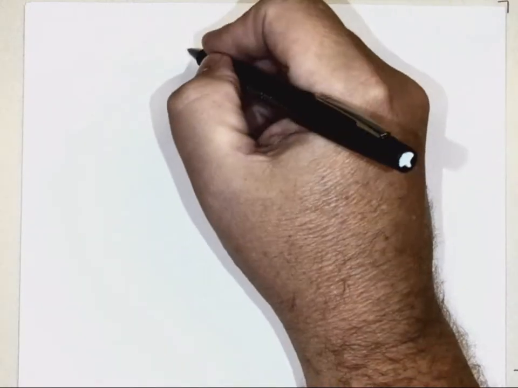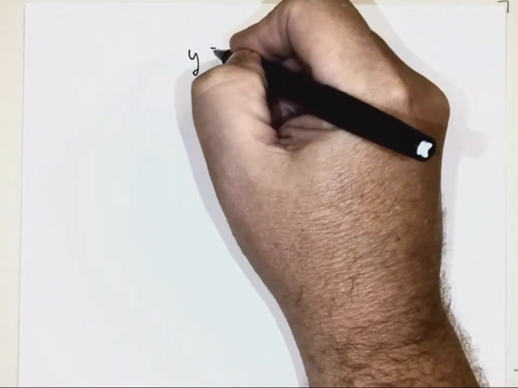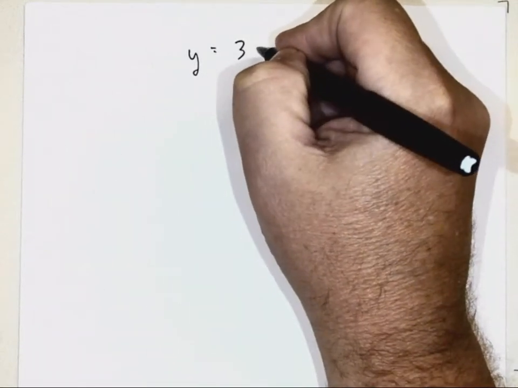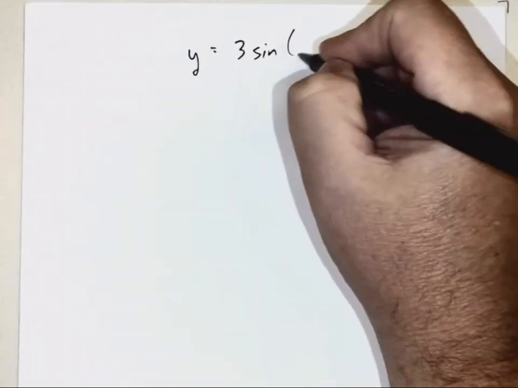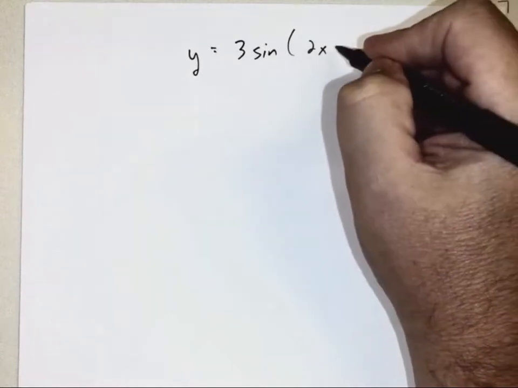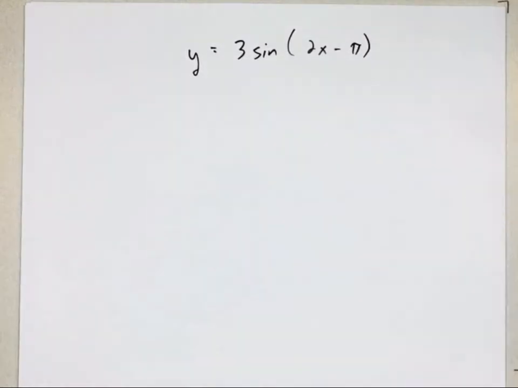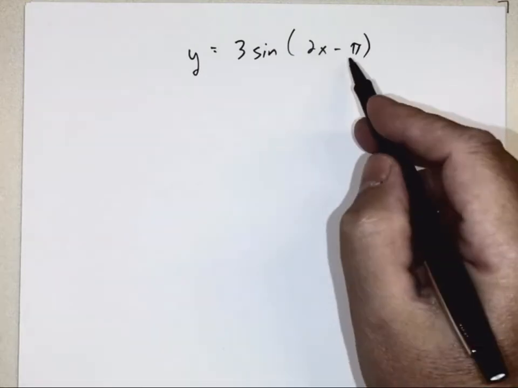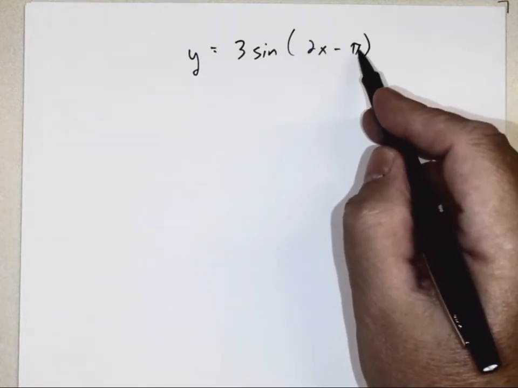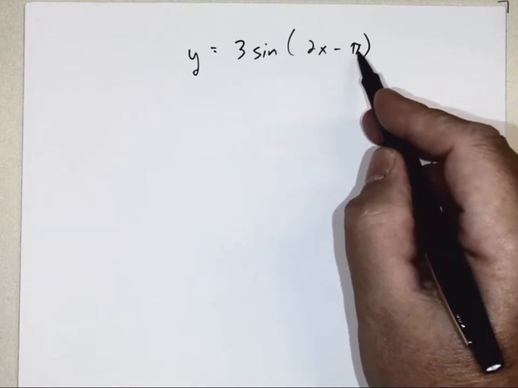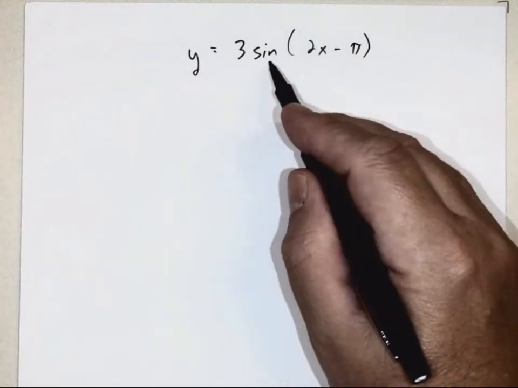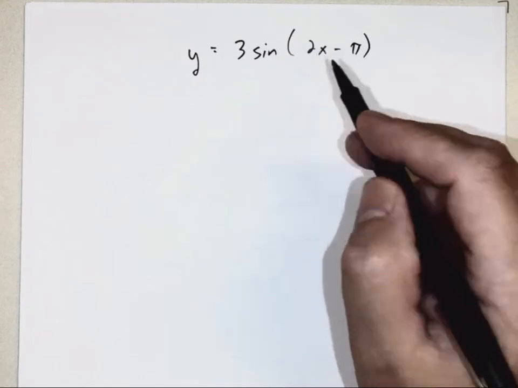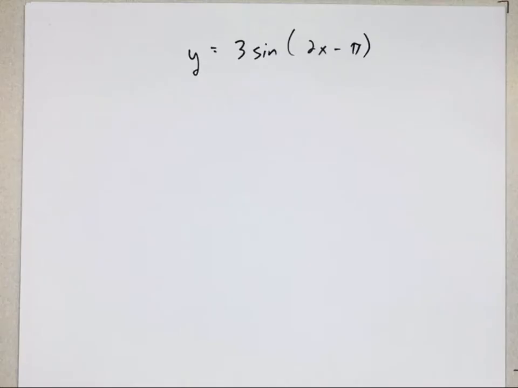So I have a couple of examples to do. Here is an equation: 3 sine of 2x minus pi. Right away, I can look at this, because I'm subtracting a number, pi, inside the sine function, I know I'm going to have a phase shift.